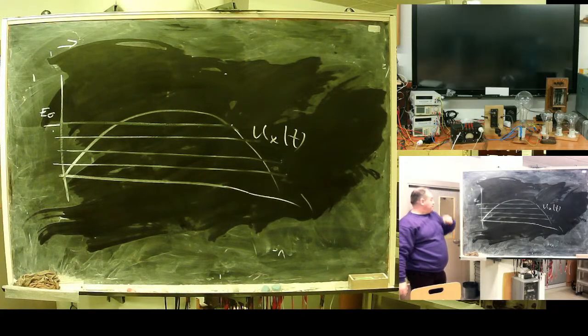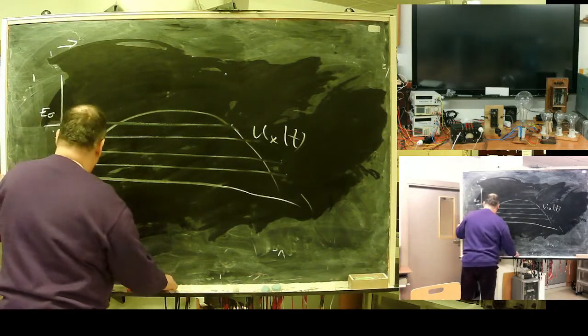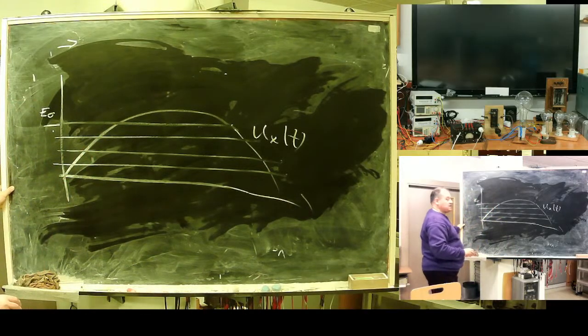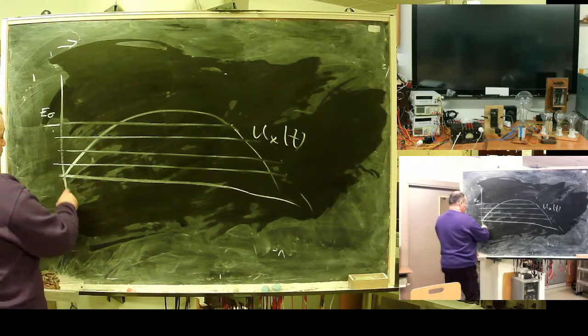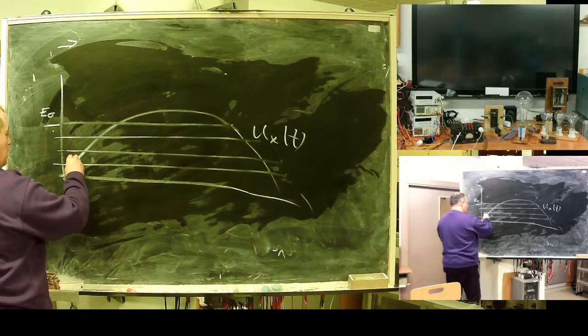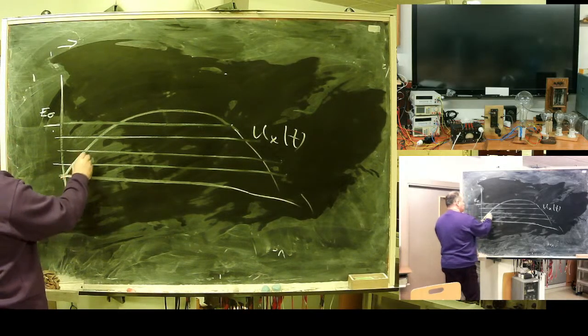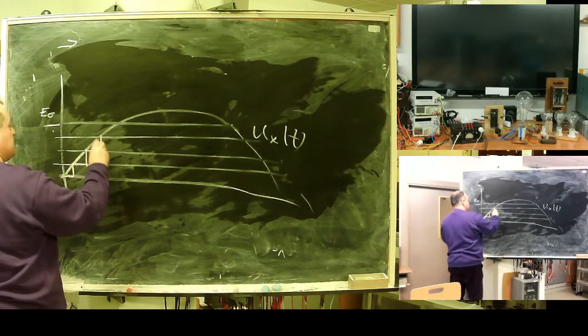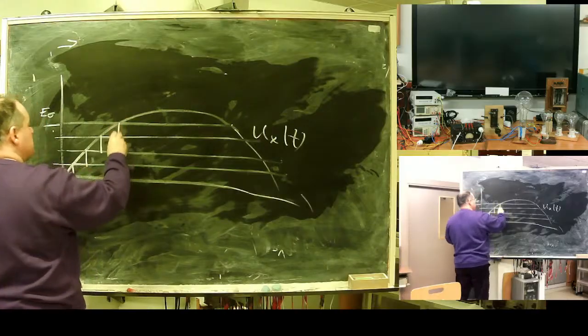I will compare. Voltage goes up. What kind of signal will I get? Zero, zero, zero. At this point, 1. At this point, switch. At this point, switch. At this point, switch.